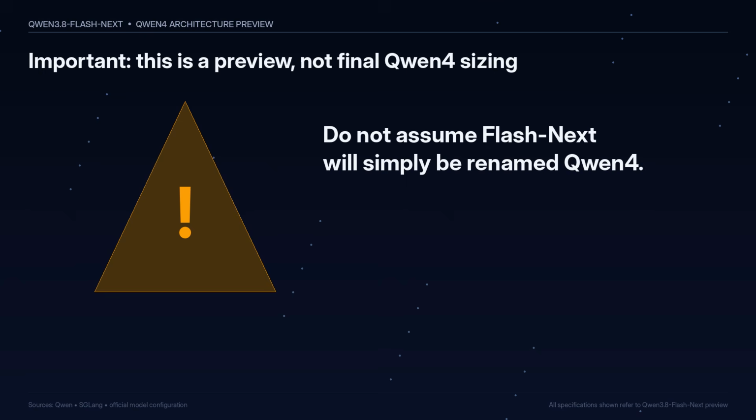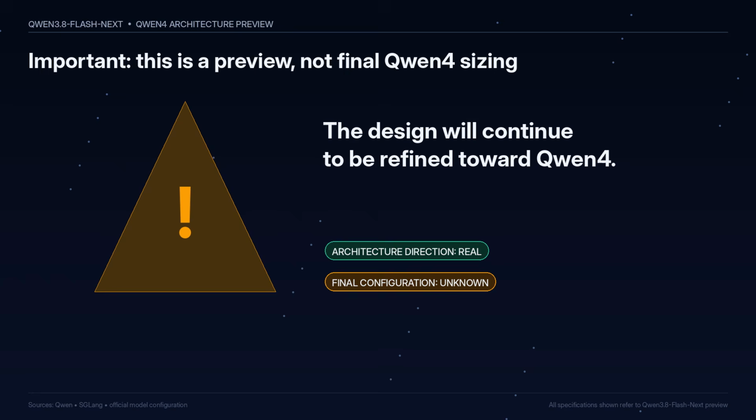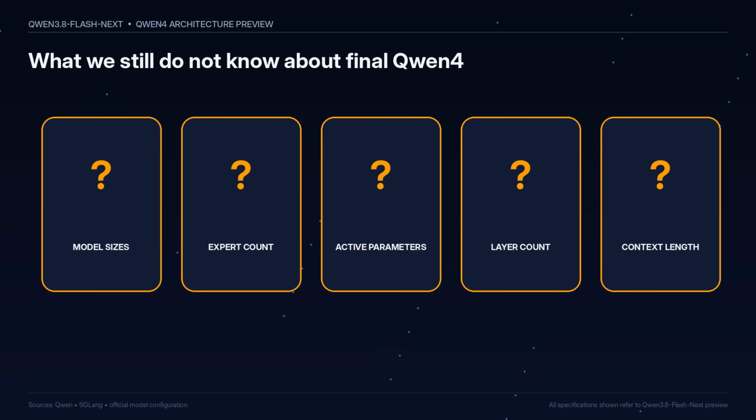But one warning. Don't take the specifications of Qwen3.8 Flash Next and assume Qwen4 will simply be this model with a new name. Qwen describes this as an early architectural preview, and says the design will continue being refined toward Qwen4. So we do not yet know the final Qwen4 model sizes, number of experts, active parameter counts, number of layers, or exact context configuration. But the architecture itself?